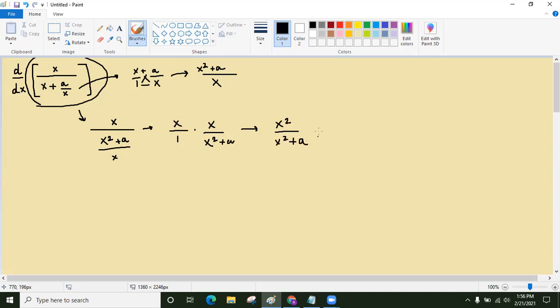We'd start taking the derivative from this point, which is far more simple than taking the derivative from this point here.